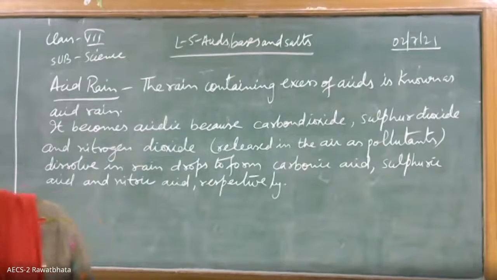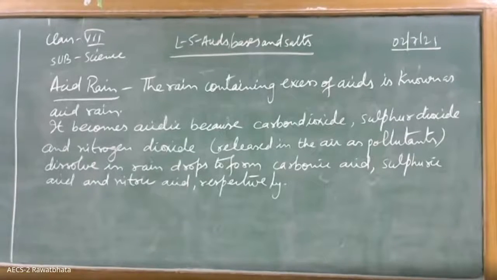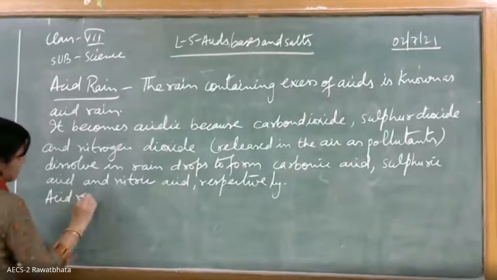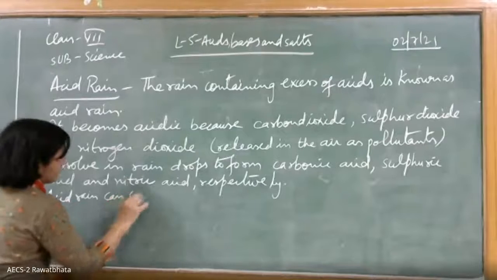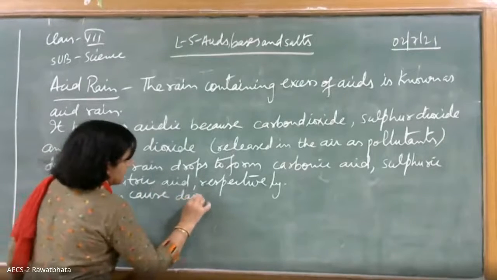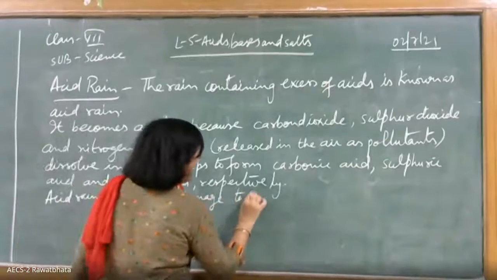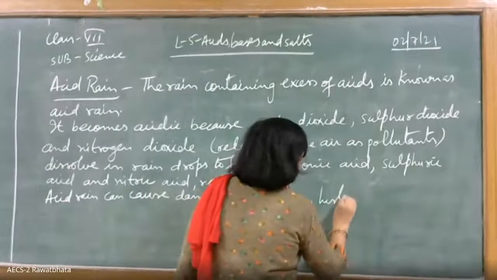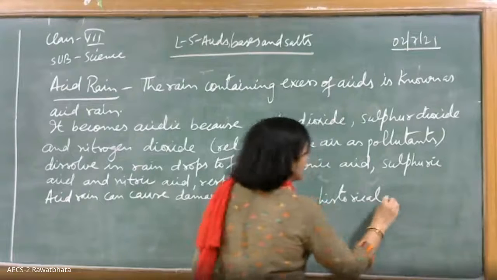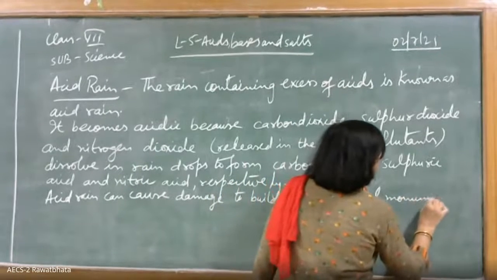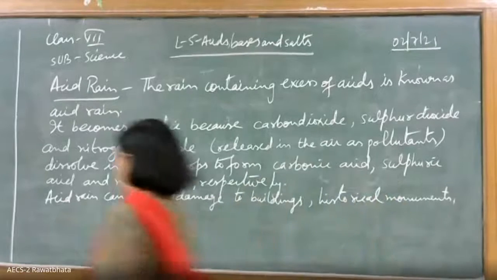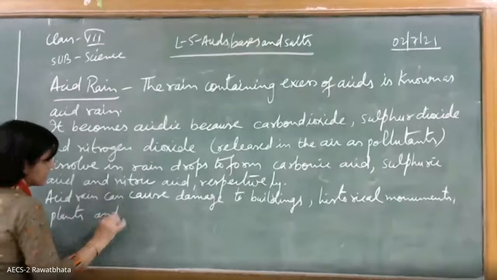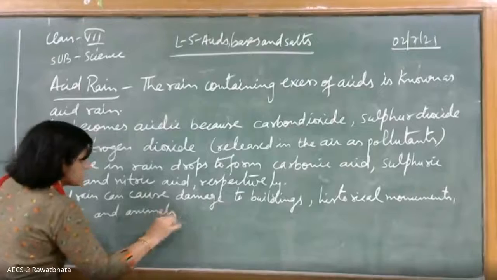Acid rain can cause damage to buildings, destroy historical monuments like that of the Taj Mahal, and harm plants and animals.